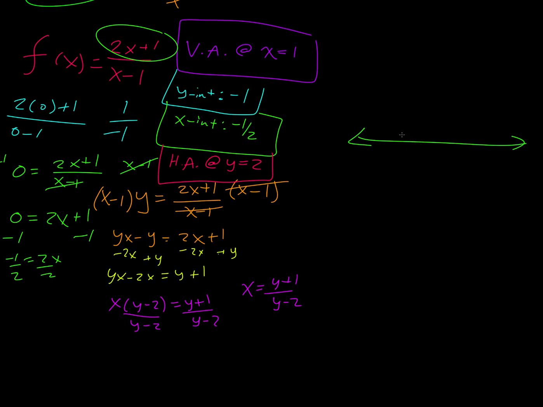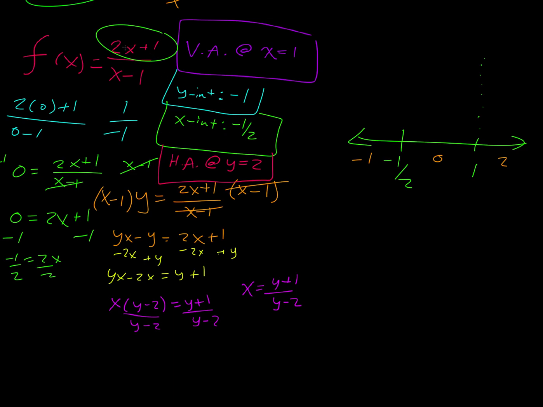We have an x-intercept, and then we also have an asymptote. So we just want to pick those values. 0 would fall there, 2 would fall there, negative 1 would fall into that zone.